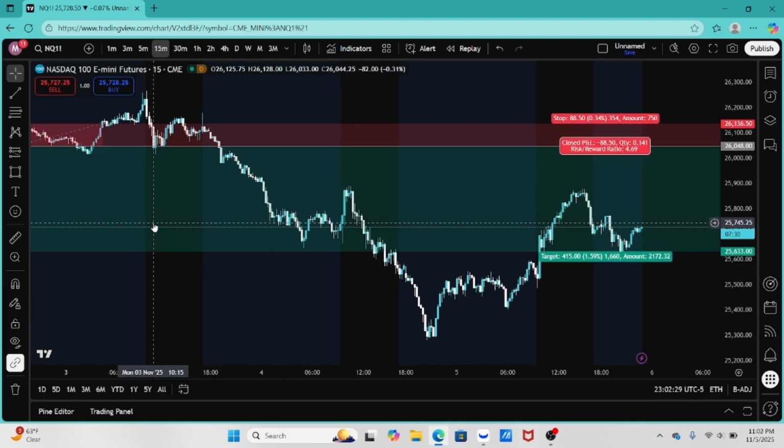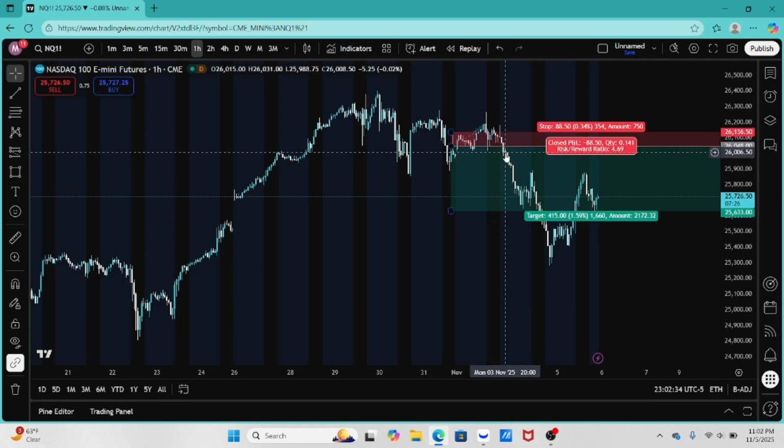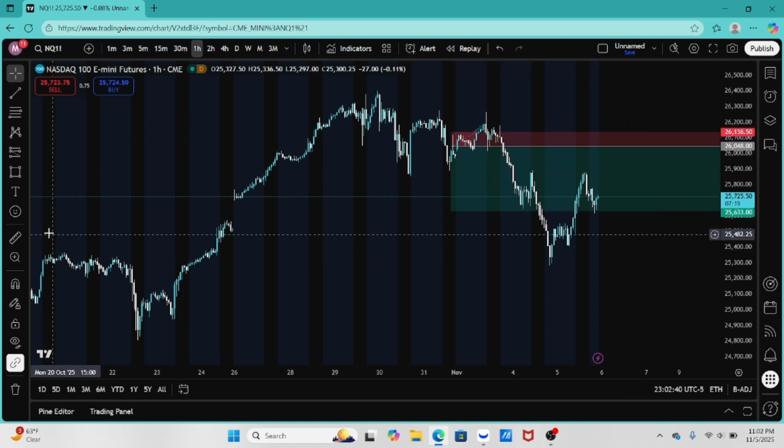This was the move, caught it from around here and rode it all the way down, and then the next day rode it down as well. But let me show you how I caught that move. Let's go ahead and take this stuff off the chart.